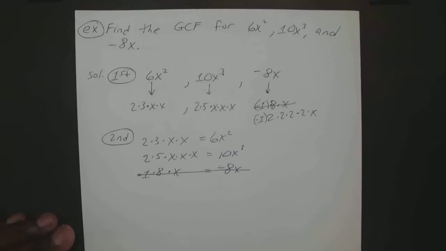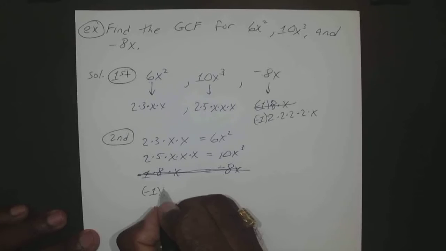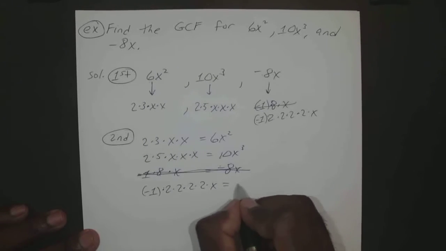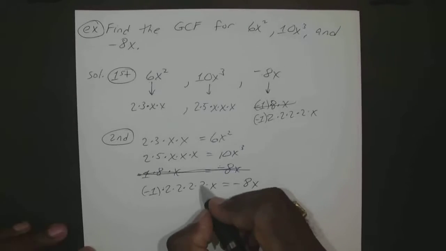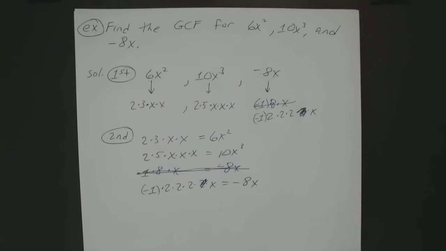So you have negative 1 times 2 times 2 times 2 times x equals negative 8x. Now you didn't have to make it 2 times 2 times 2, you could have made it 4 times 2 if you like, and that would have been fine too.